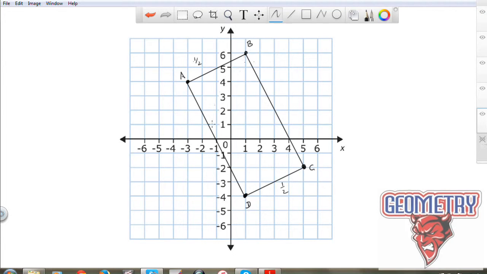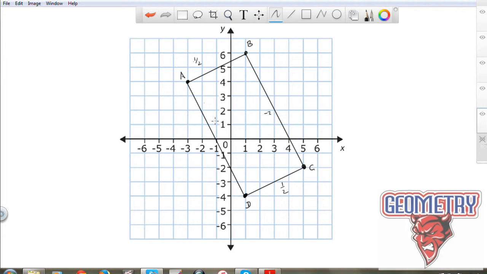So let's find the rise over the run of those. From B to C, we're going down 1, 2, 3, 4, 5, 6, 7, 8, and over 1, 2, 3, 4. 8 divided by 4 is 2, and this is a negative slope, so this is a slope of -2, which is the negative reciprocal of 1/2. So we know that BC is perpendicular to AB and DC.